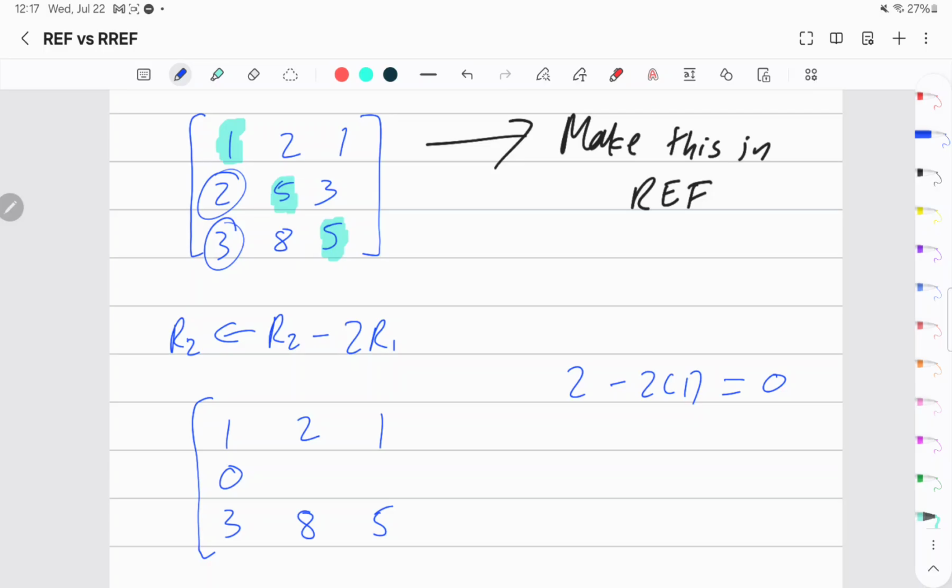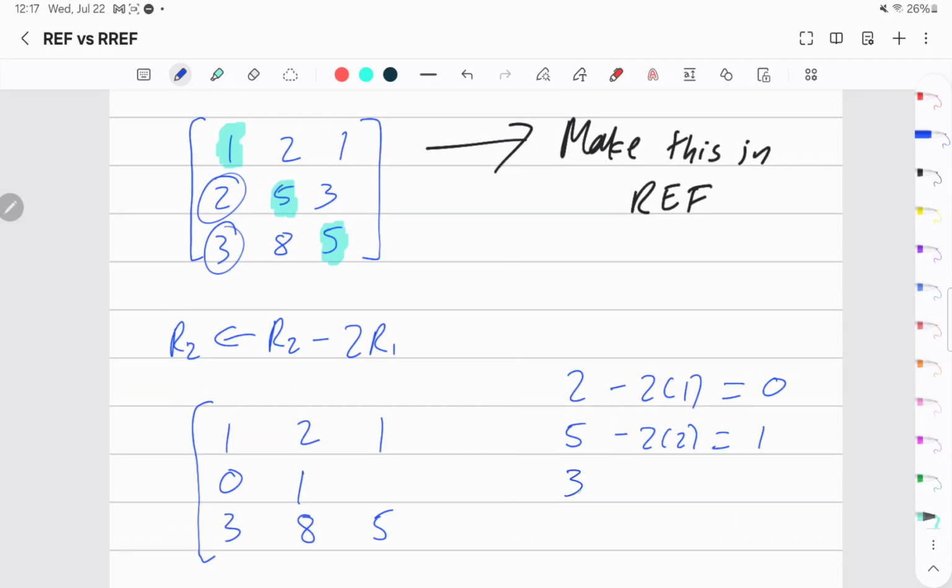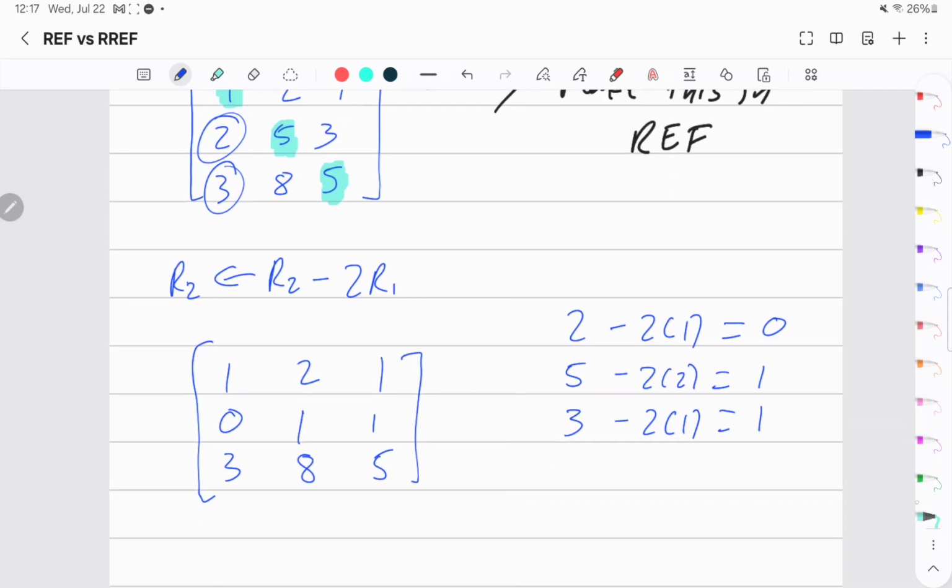But since you're doing it to the entire row, you have to carry it on. 5 minus 2 times 2 is simply 1, so you put a 1 here. Then you do the same with the 3: 3 minus 2 times 1 is 1 again, so you put a 1. And guess what? You have your first 0 entry here.